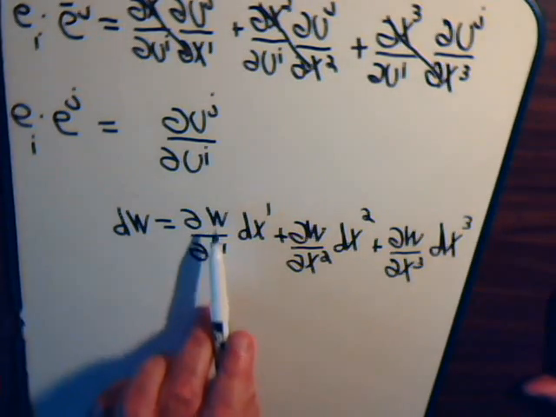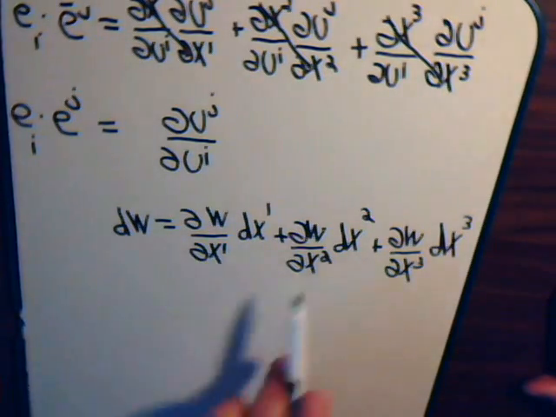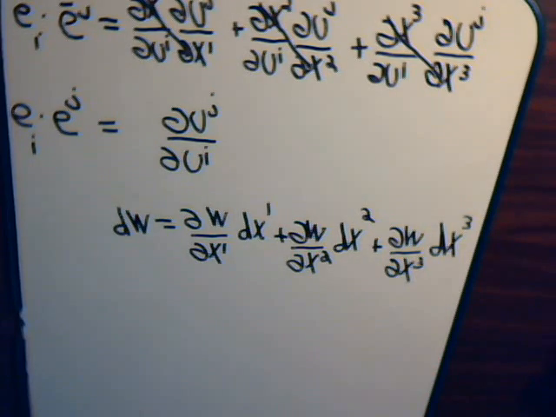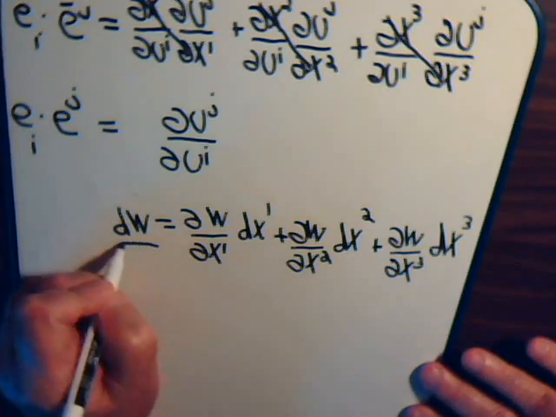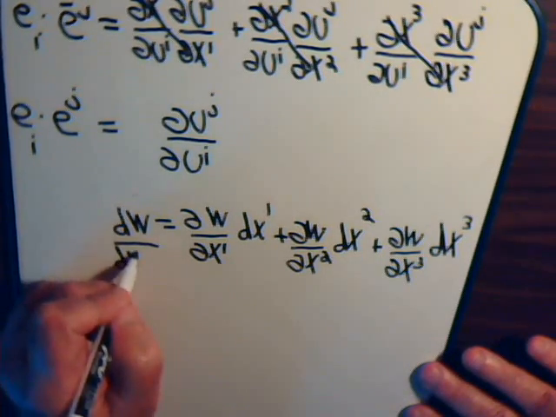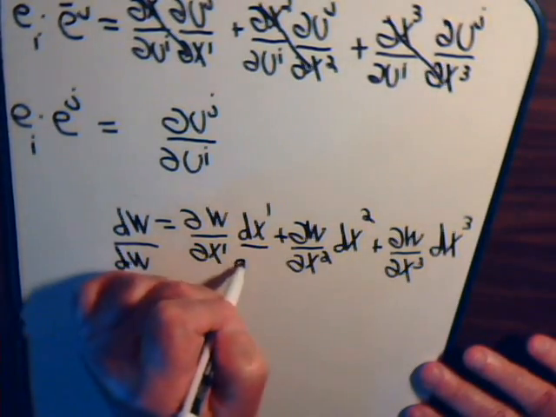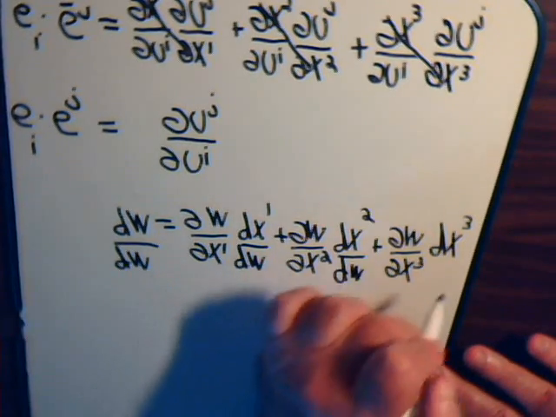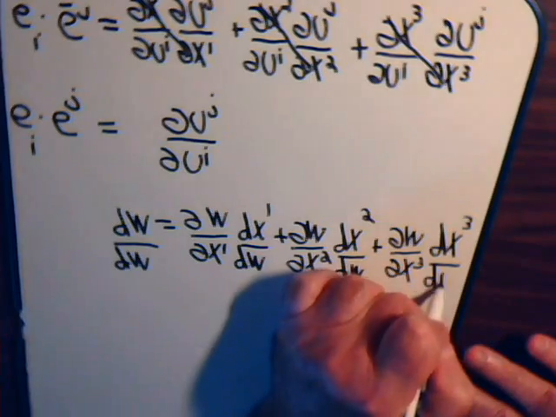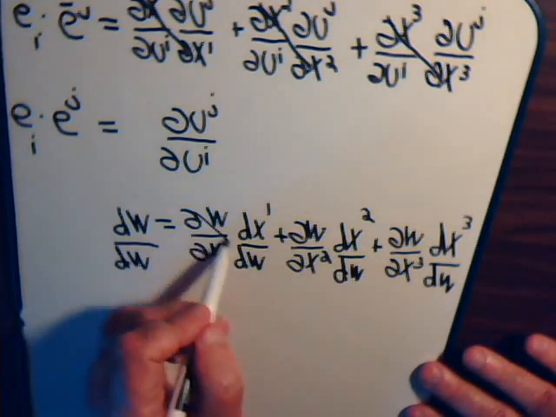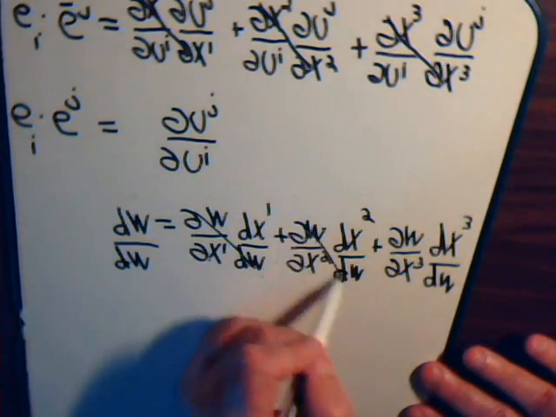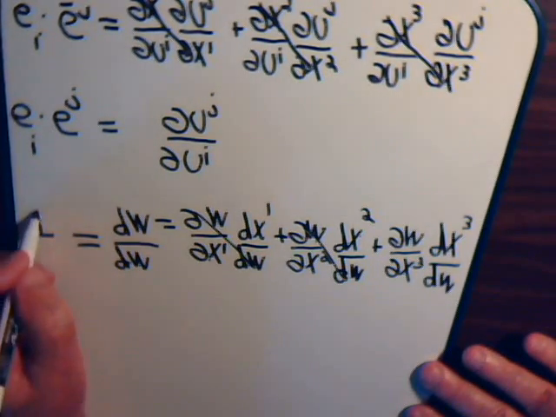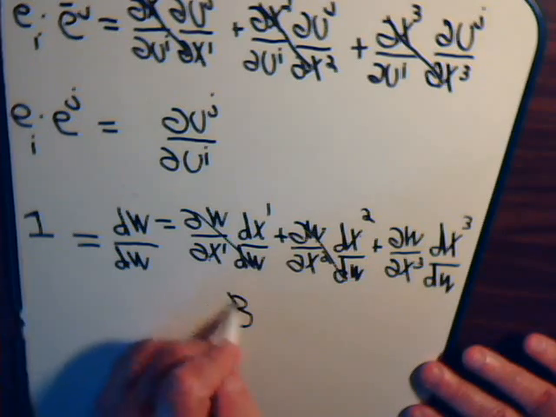So this is part of the differential dw, this is another part, and this is a different part. So if we divide this by dw, this is 1, and this is 1, this is 1, and this is 1, but this is equal to 1, not 3.